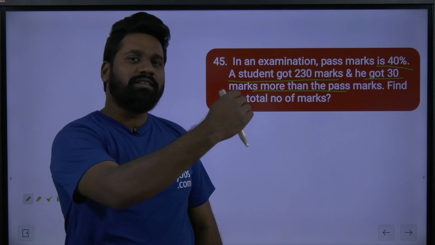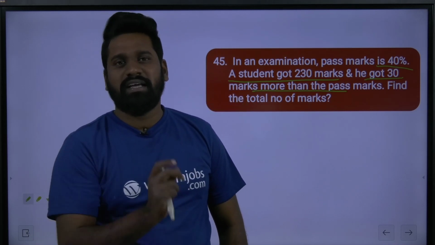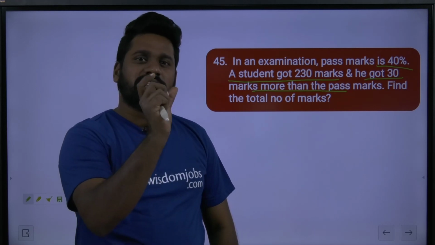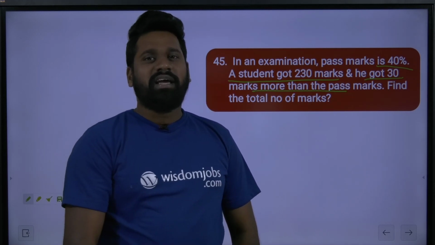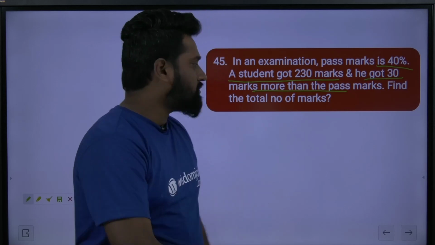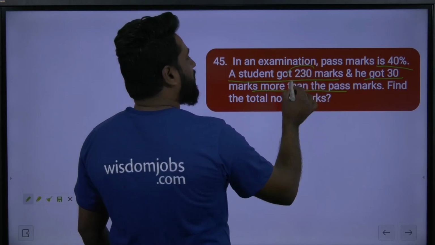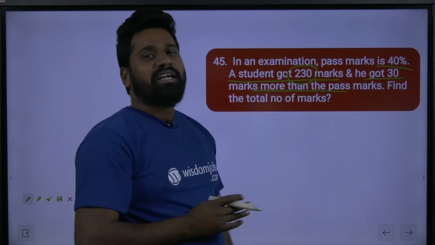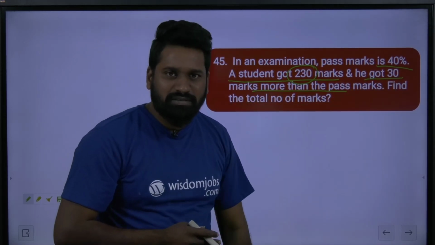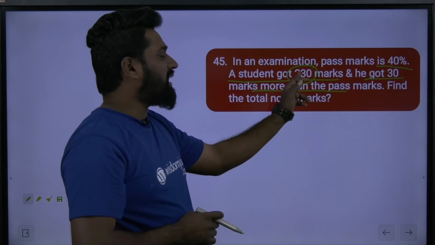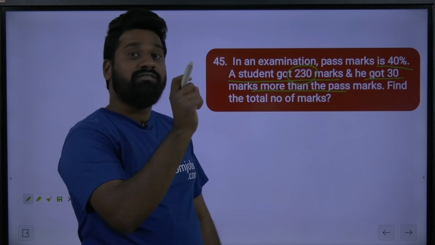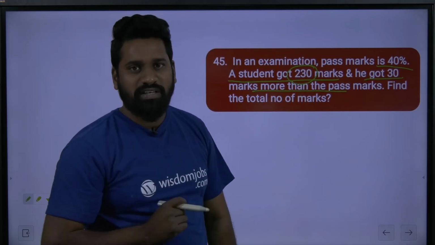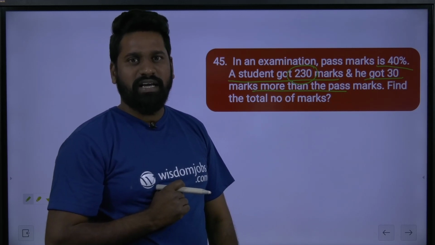Now I am subtracting those 30: 100 minus 30, you will get 70 marks, which indicates the pass marks of the examination. Here also the person got 230 marks, out of which 30 marks are more than the pass. That means if you subtract 30, you will get 200, which indicates the pass marks of the examination. Is it clear?